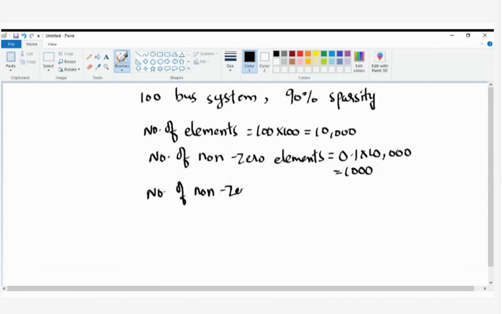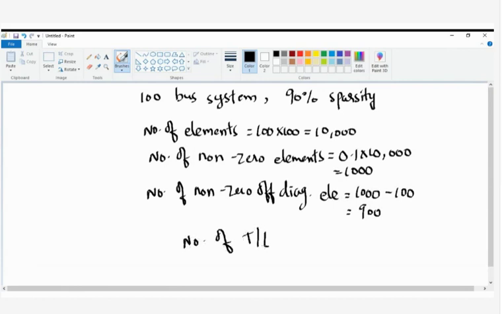Then the number of non-zero off-diagonal elements would be 1,000 minus 100, because there will be 100 diagonal elements. That would be 900, and therefore the number of transmission lines would be 900 by 2, which is 450.